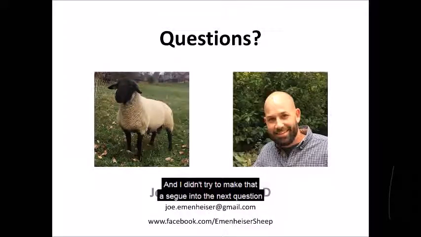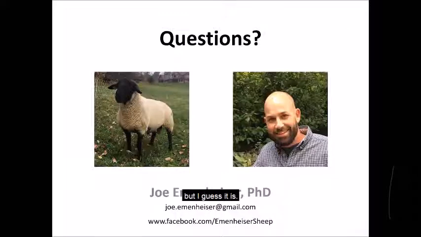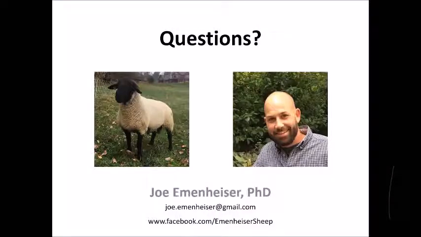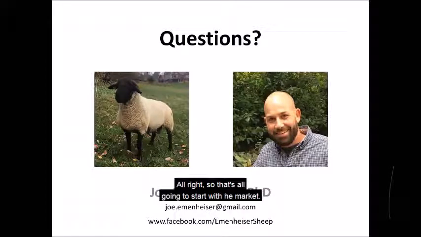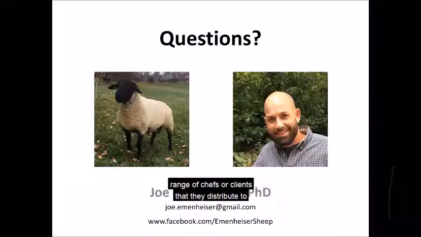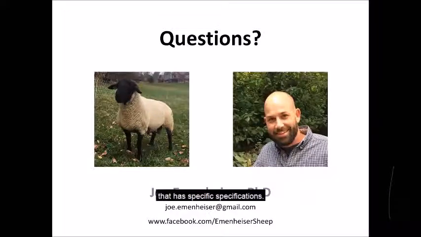And I didn't try to make that a segue into the next question, but I guess it is. The best way to achieve improved uniformity in the lamb industry. All right, so that's all going to start with the market. What does the market want? Do we have wholesale buyers that have a specific range of chefs or clients that they distribute to that has specific specifications?